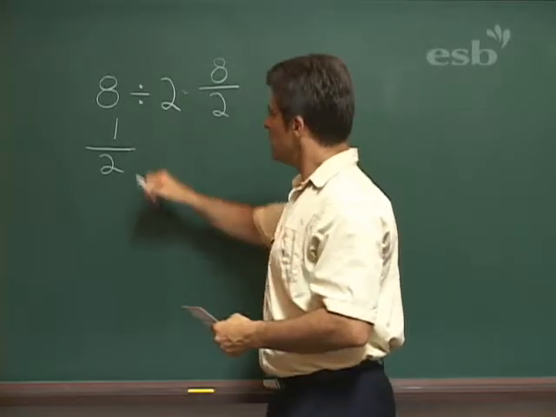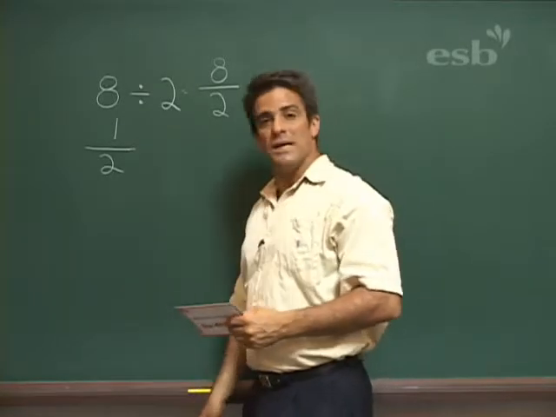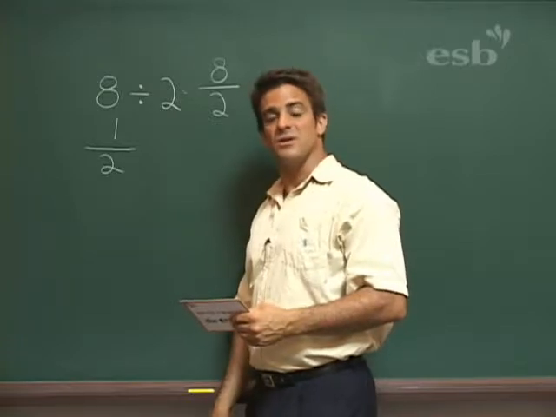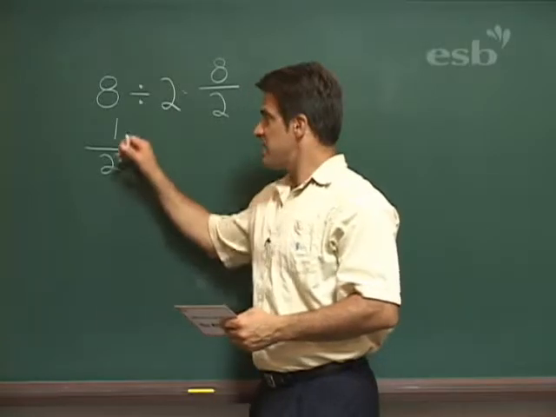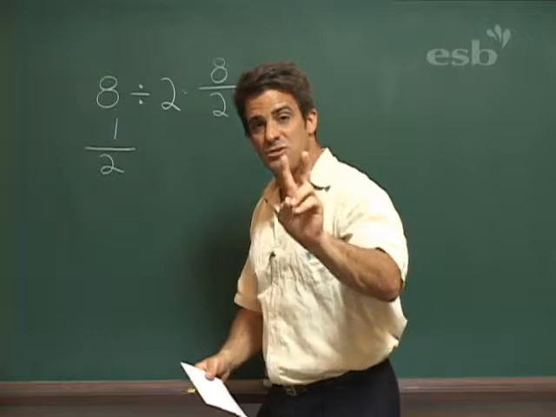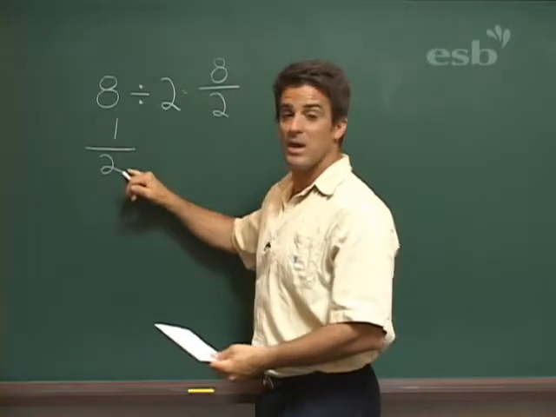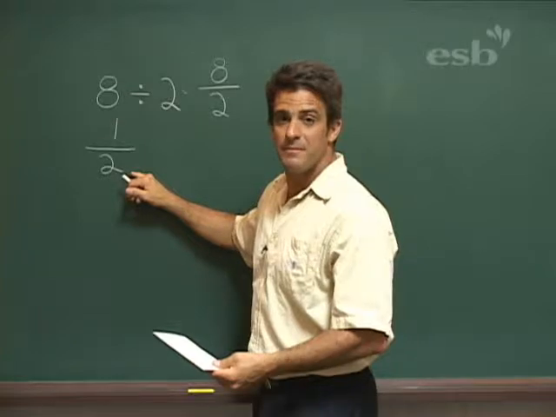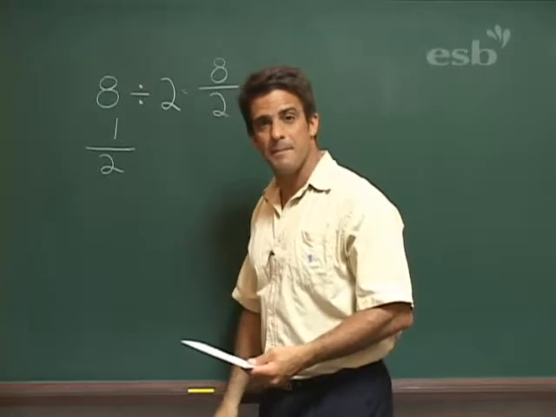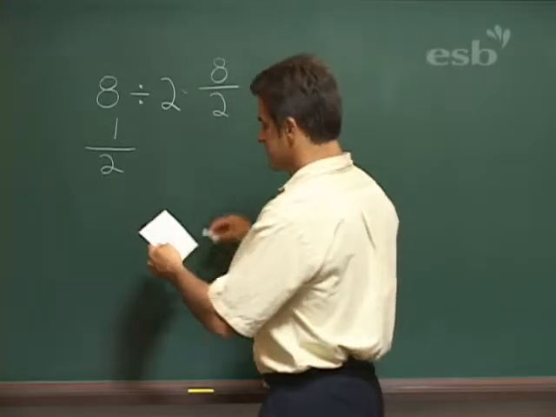Now, when we look at fractions, we need to learn some key words. A fraction has two numbers, one on the top and one on the bottom. What do we call them? I'll show you.